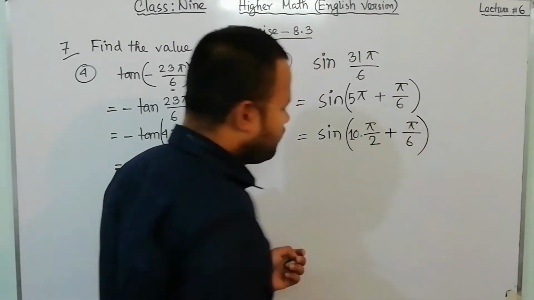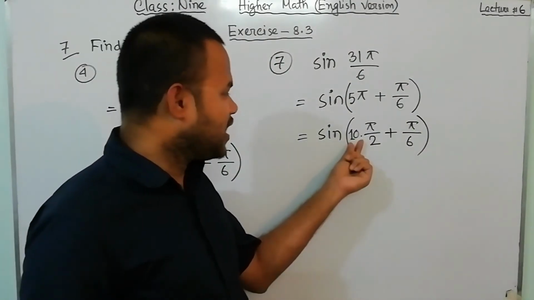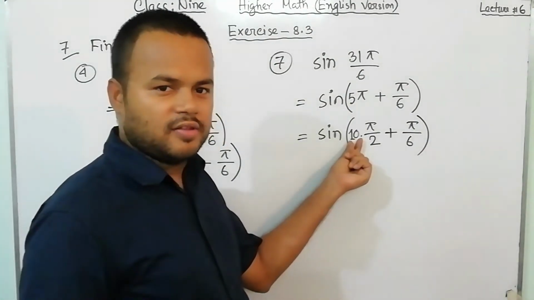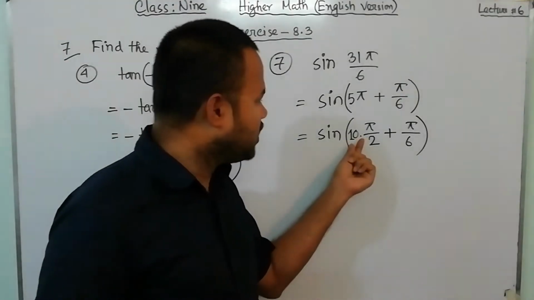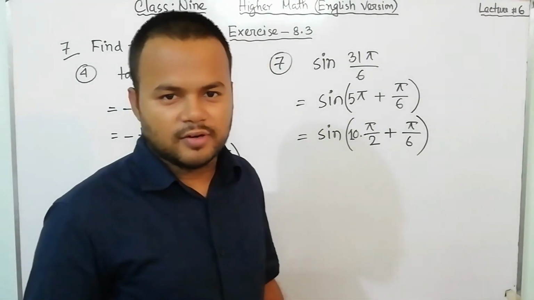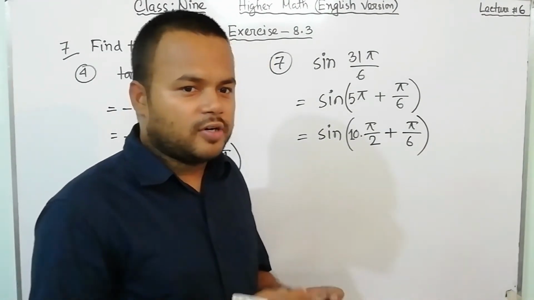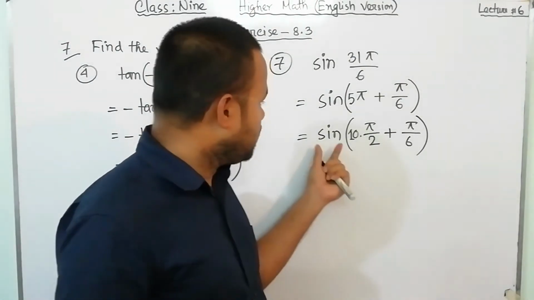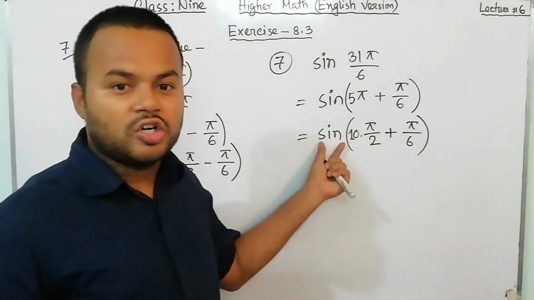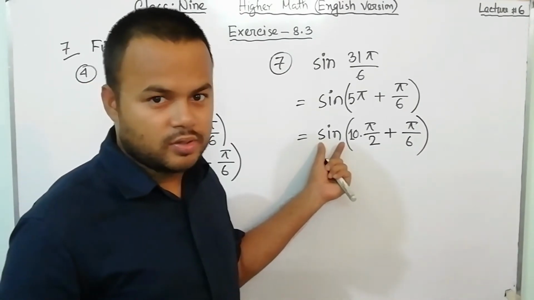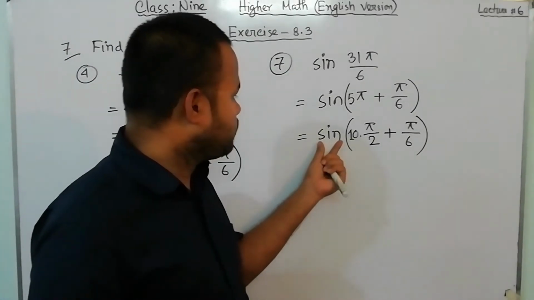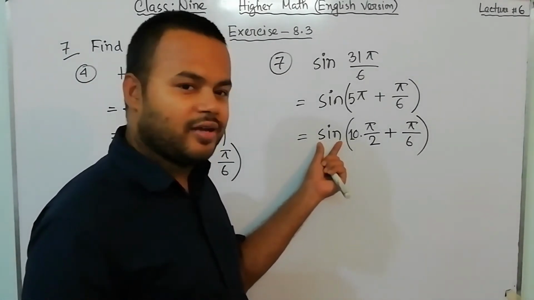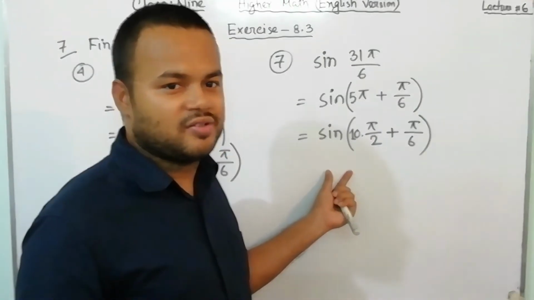Now because of this number, that is 10, the value of n, which is 10, is even. For the value of n which is even, the trigonometric ratio will not change. Here this ratio, that is sine, will remain as sine.